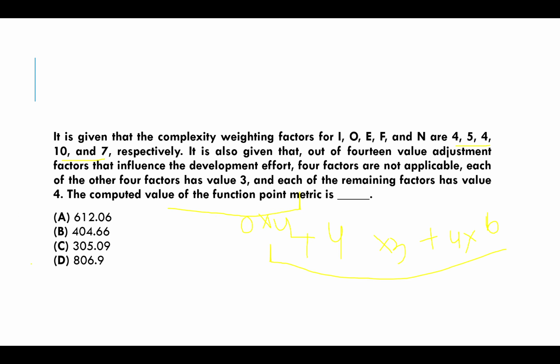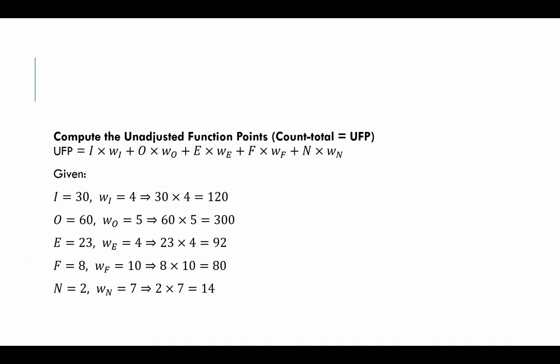So let's start solving the question by pen and paper. We first calculate the adjusted function points using this formula, where we multiply each input or output parameter with its weightage.